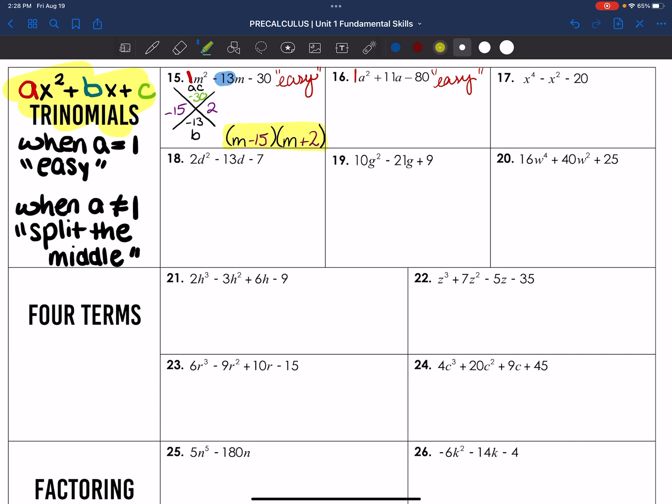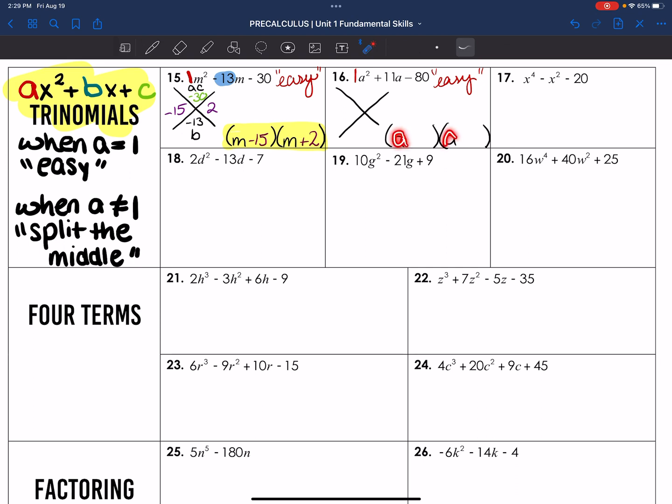Can you guys go ahead and try to factor problem 16, and then we will check it together. All right, well, it is an easy factor. So I know that my final answer is going to be two binomials, so that when multiplied, a times a will give us that a squared.